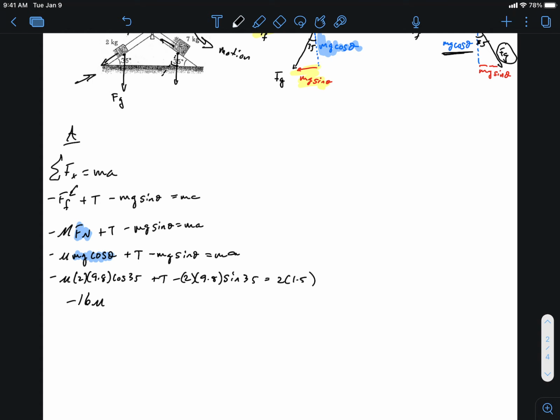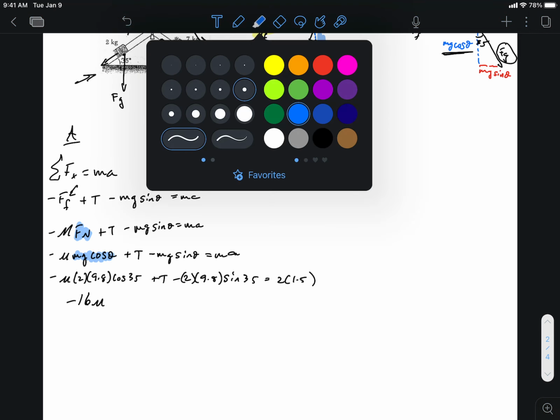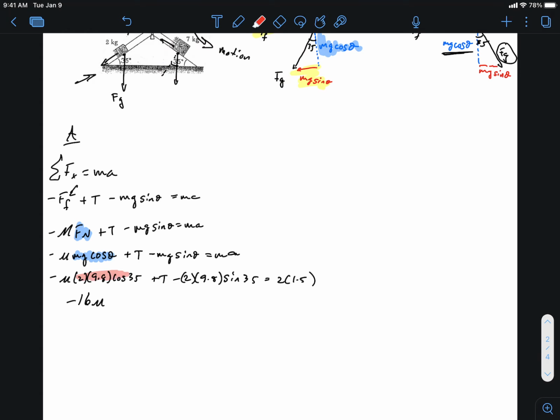Like this number, all this here, all this should turn into negative 16. And then we have plus tension. And then the sine piece, that should be minus 11.24. That's all this. And then that's going to be equal to 3.